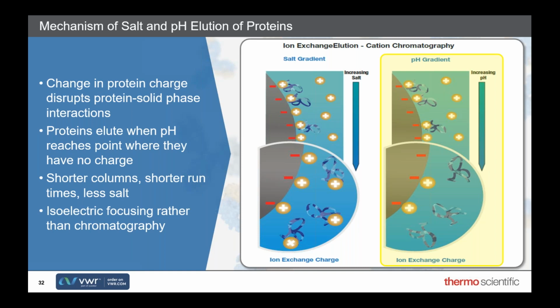Typically, pH gradient methods can use shorter columns, also have shorter run times, and just as importantly, lower salt concentrations. And the mechanism here is mainly trap and elute, and the physical properties of the column are less critical. Basically, it's isoelectric focusing rather than chromatography. Buffers and pH control are required, but it's less prone to the difficulties and error that we saw when we were discussing salt gradient methods.